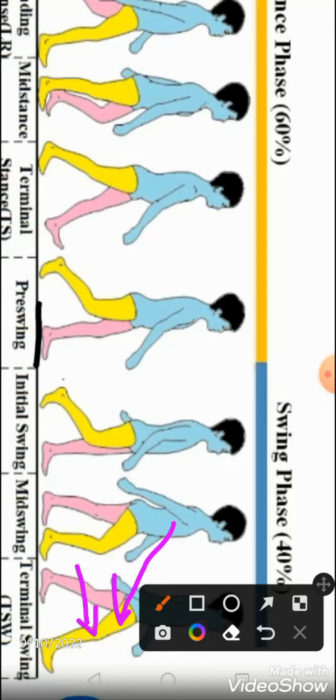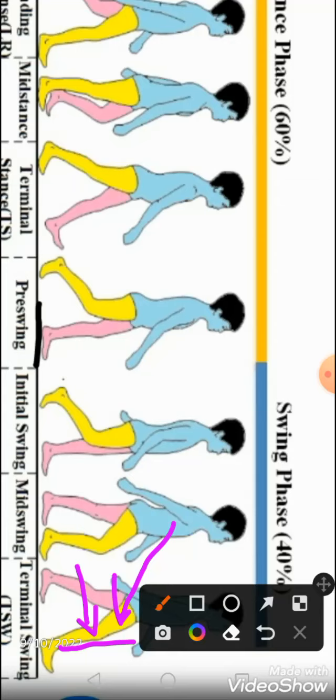And the knee extensors like quadriceps are contracting to extend the knee, right? And now your leg is ready for heel strike again for the next stance phase.